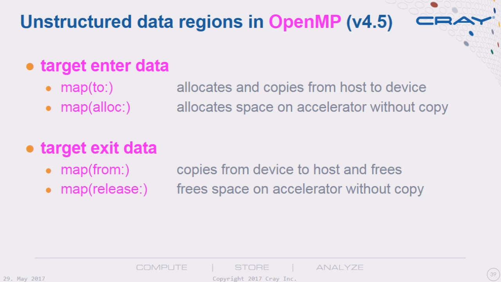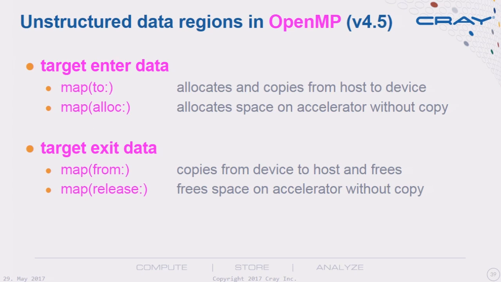Here we can say that at the beginning of our data region we want to copy array A, or just allocate some memory for array A, and at the end of our data region we define that we need to copy back, or just deallocate and release the memory.